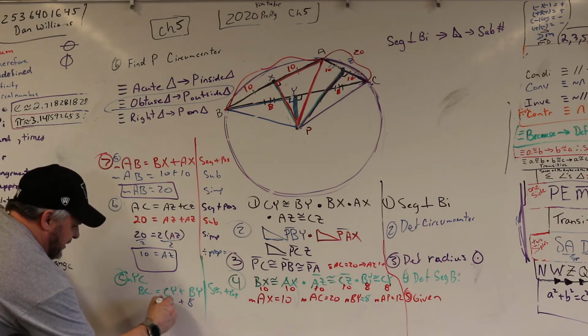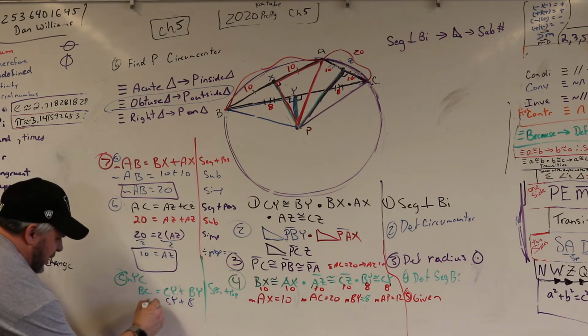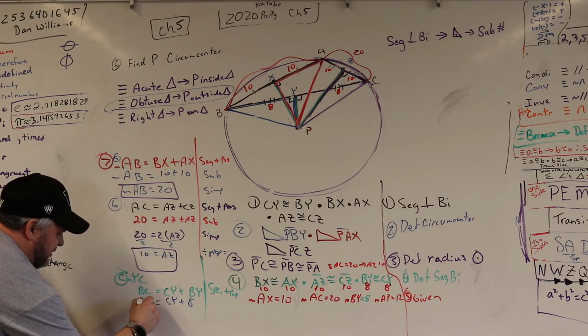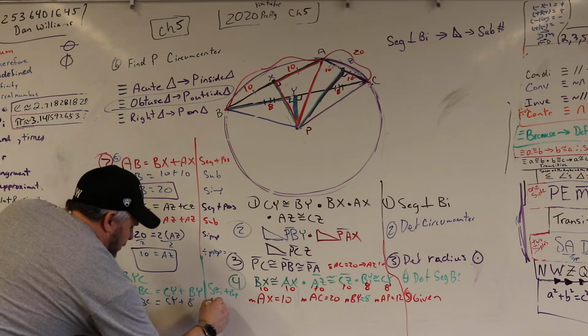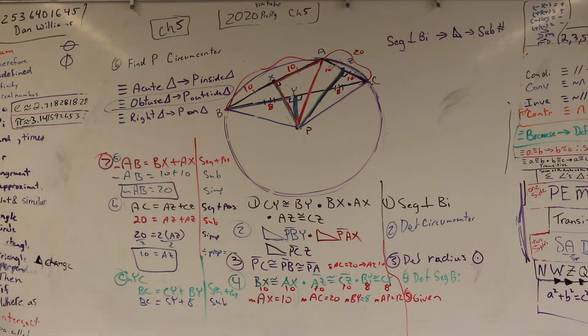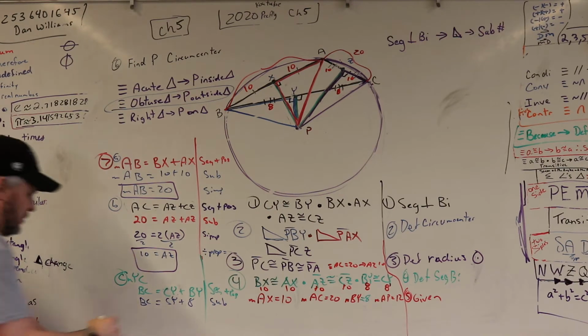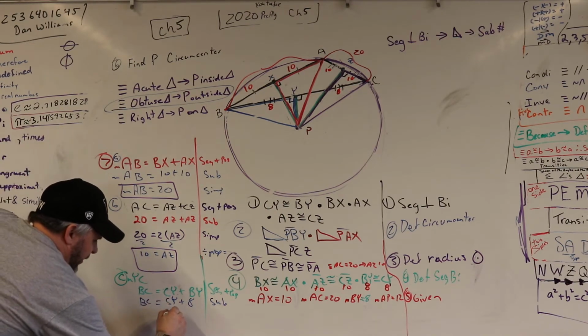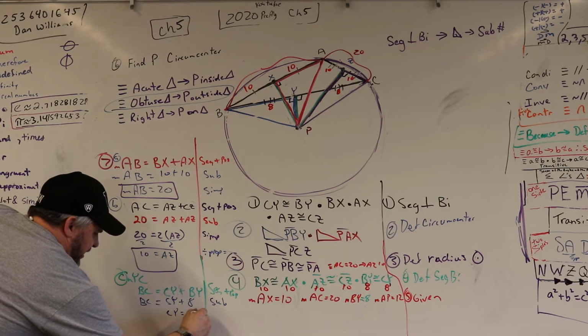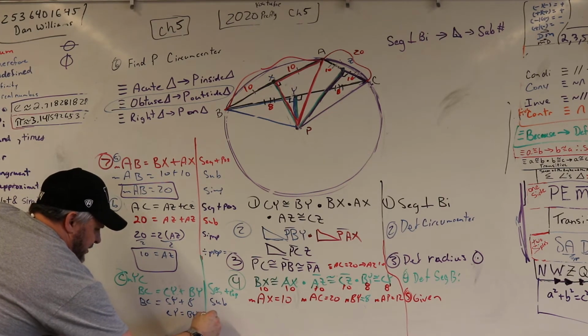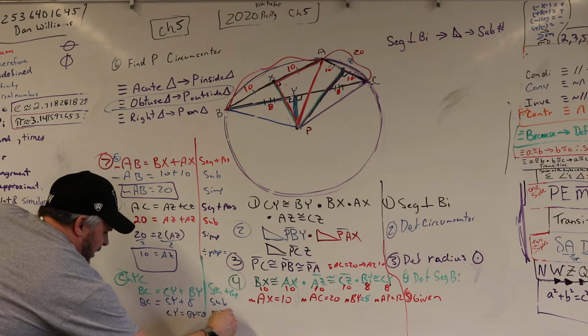Plus CY is equal to BC, and that's substitution, right? But we also know that CY is equal to BY, right? So CY is equal to BY, which is equal to 8, right? So that's the definition of congruency.